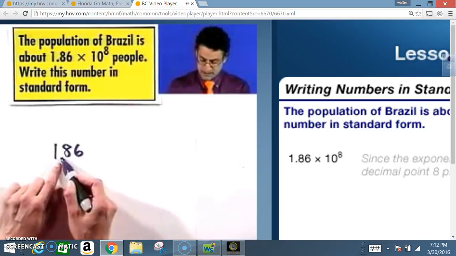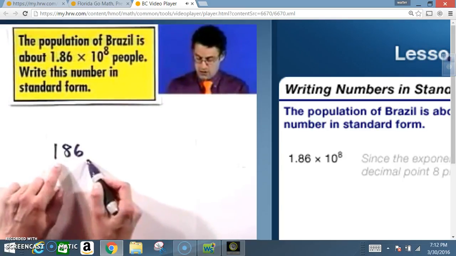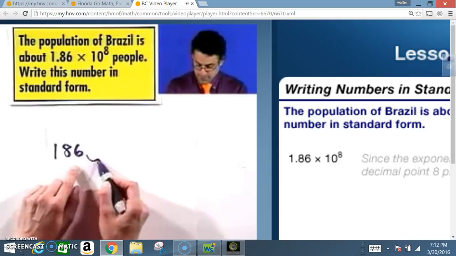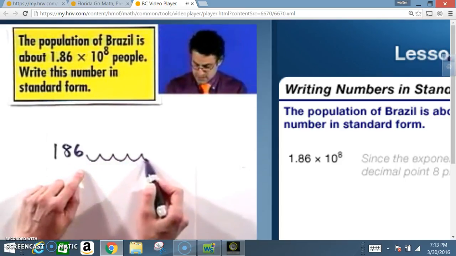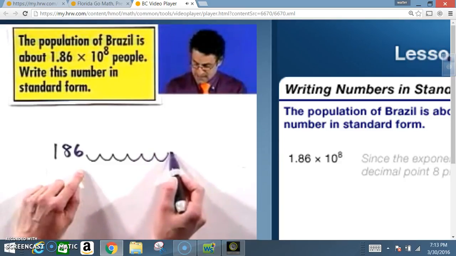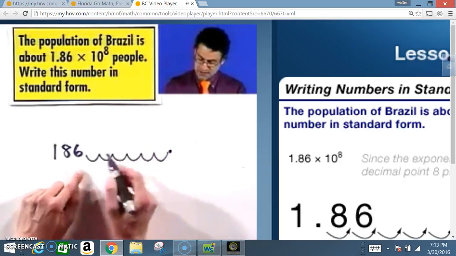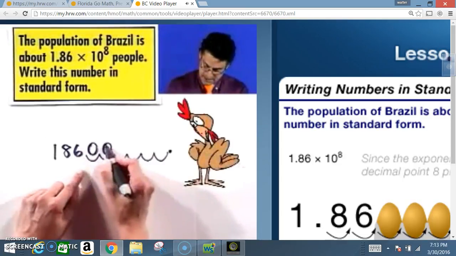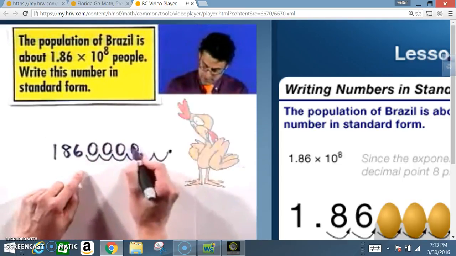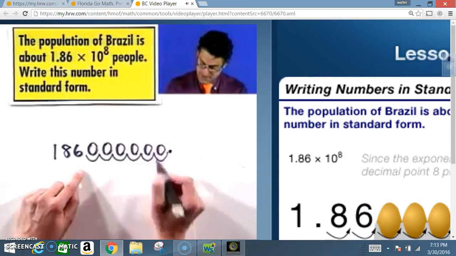I just start here and start counting. 1, 2, 3, 4, 5, 6, 7, 8. And so my point's right there. Each of these little containers requires a zero, like eggs in a carton, but they're really zeros representing a number.